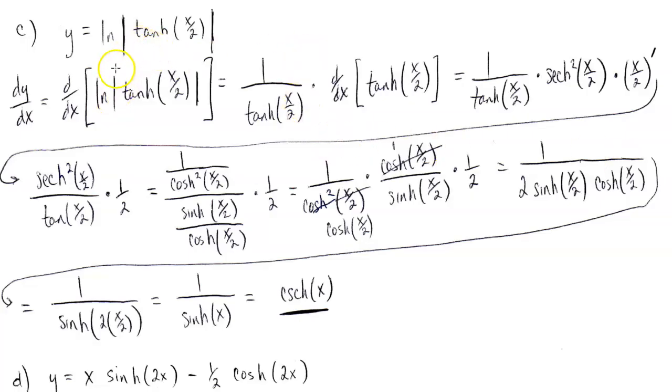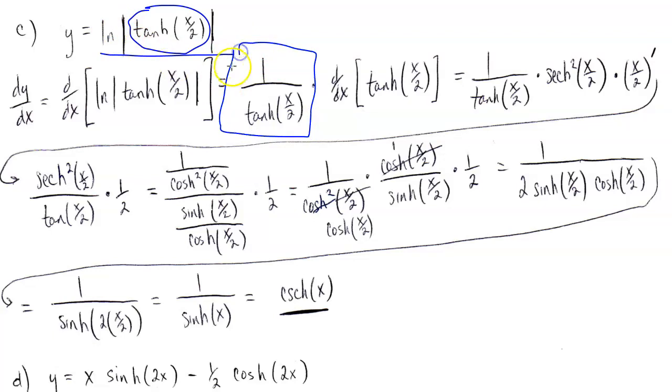For this next example, I've already worked it out here, but we see again that we're dealing with a composition function. So now we have to take the derivative of the outside function, which is natural log of blah. The derivative of natural log of blah is just 1 over blah, which is what you see here. After that, we take the derivative of the inside function, which is tangent hyperbolic of 1/2 x.